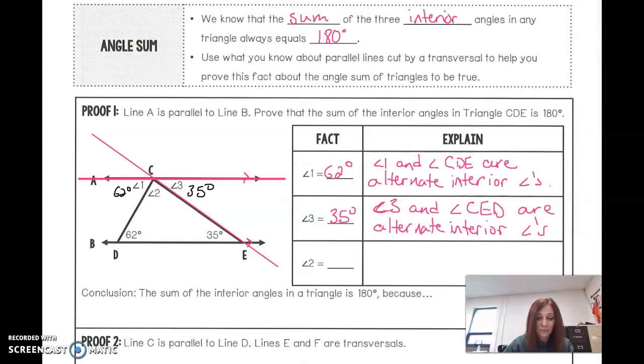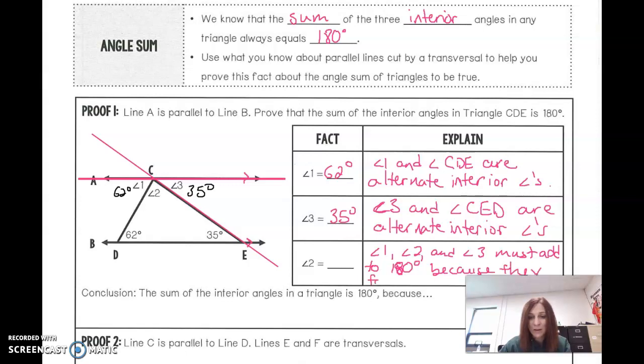So I'm going to say that right here: angle 1, angle 2, and angle 3 must add to 180 degrees because they form a straight line.